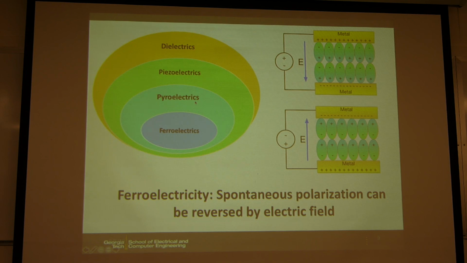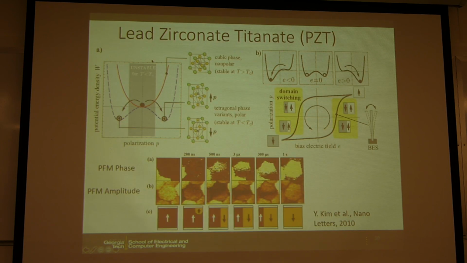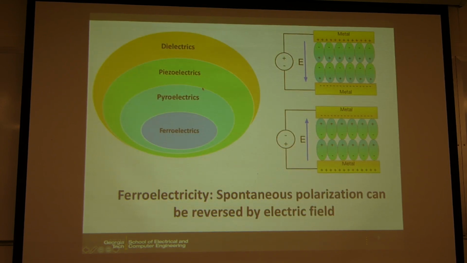Does anyone know what piezoelectric and pyroelectric mean? Okay, I'll explain this. For piezoelectric, you apply external stress to the material, so there's current generated. Pyroelectric means you heat or cool the material, so there's voltage generated. The definition of ferroelectricity is that the spontaneous polarization can be reversed by an external electric field.